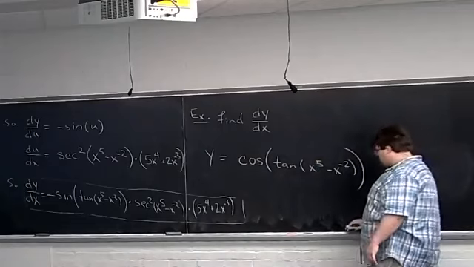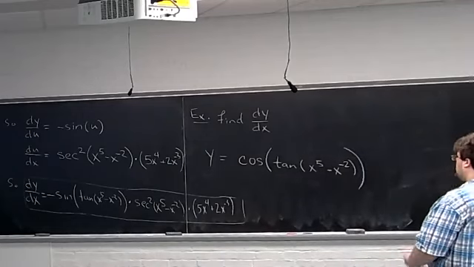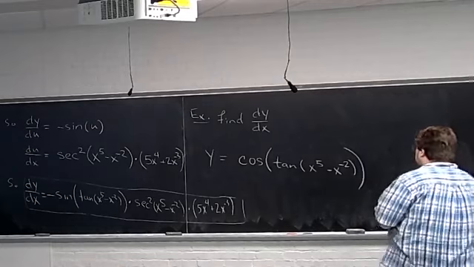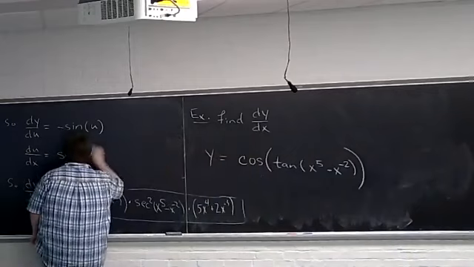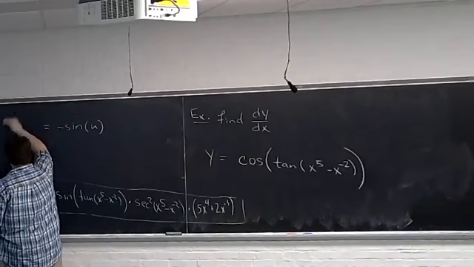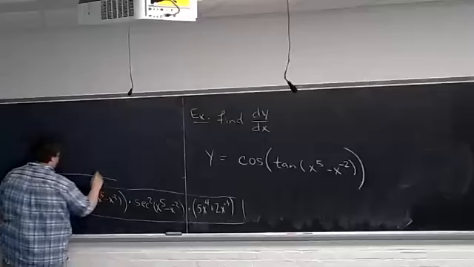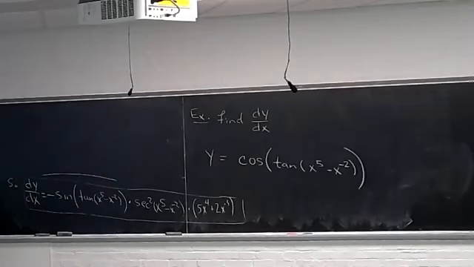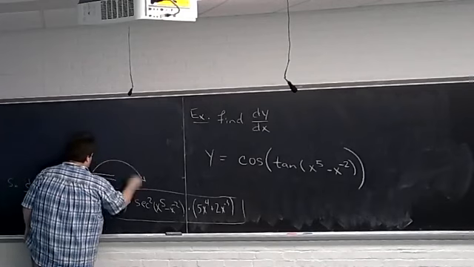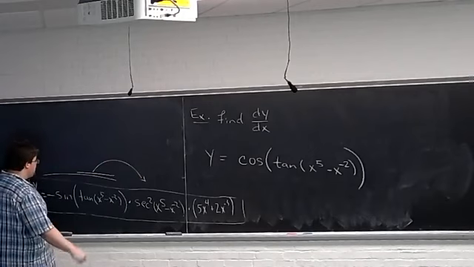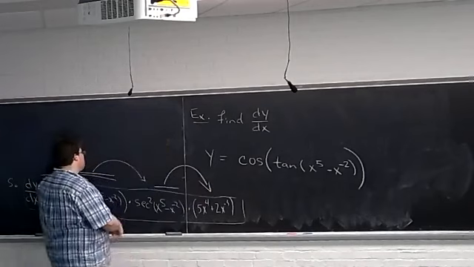Now, before moving on to our next topic, let's just compare our original function to this answer. Our original function was a cosine function. The derivative of a cosine is a negative sine, and we have that right here. But the chain rule says multiply by the derivative of that inside piece, which has another inside, which means you need to multiply by the derivative again.